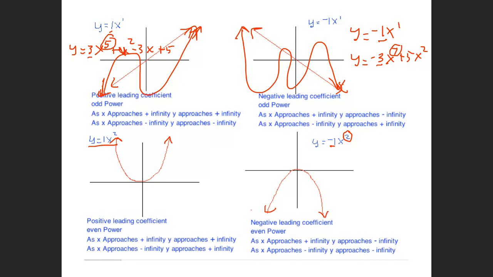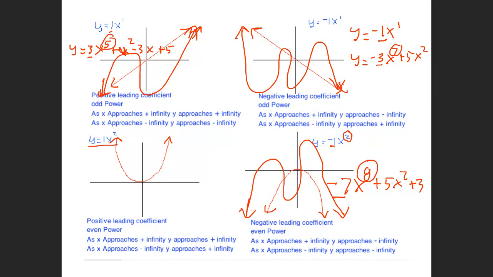For example, if I had negative 7x to the 8th plus 5x squared plus 3, I don't know what this graph looks like, but I do know that on the ends, it's going to go down. Why do I know that? The leading coefficient is negative, the degree is even.